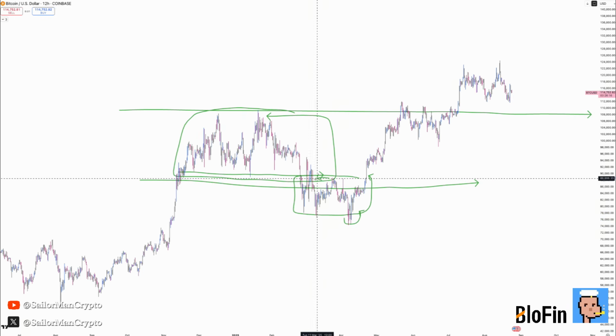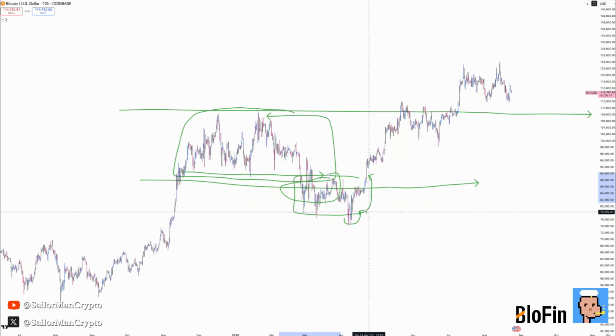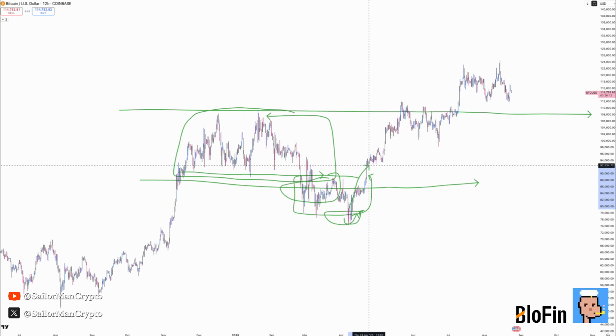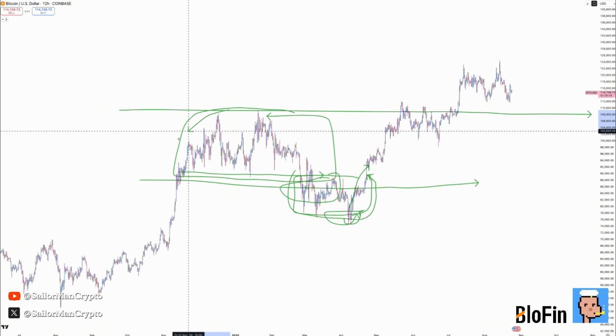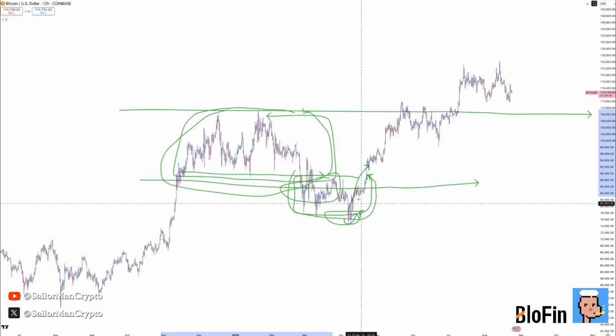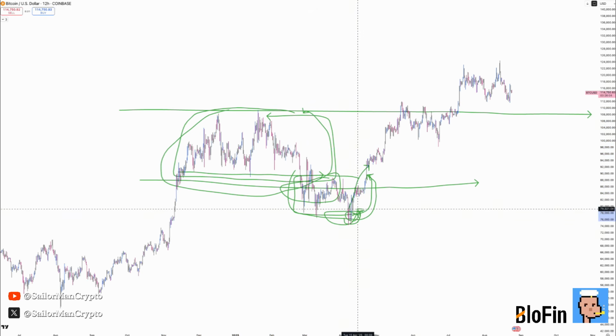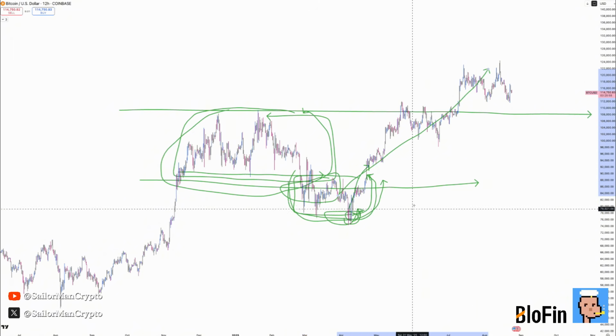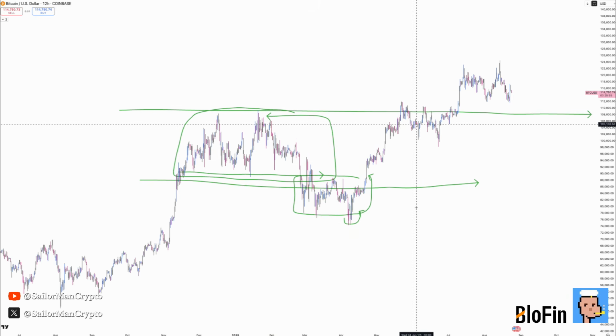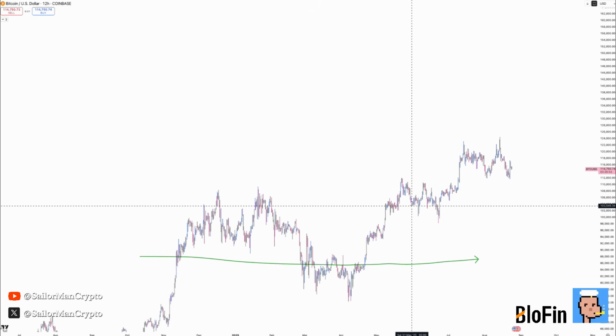So this becomes accumulation, manipulation, expansion, but also this becomes the manipulation of this bigger range. And both the spring here, now I'll show you better, and this manipulation gave the strength to finally break from this range.